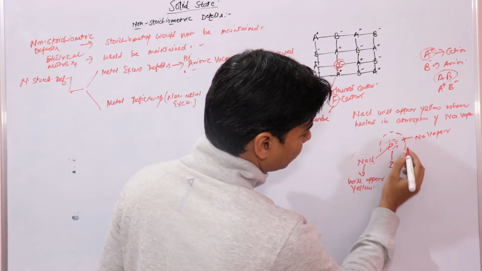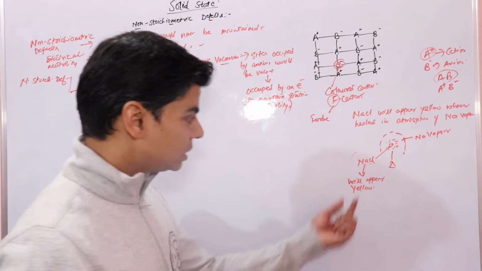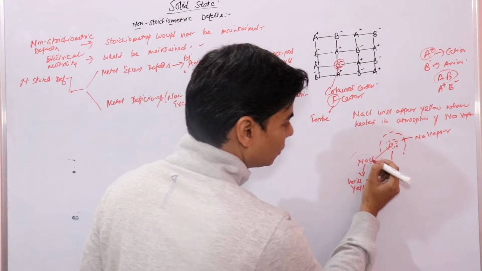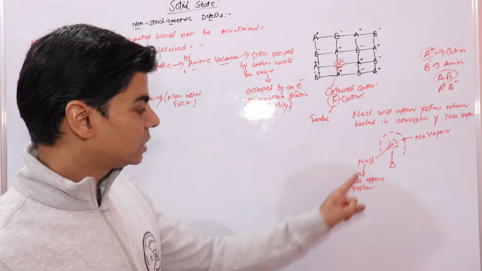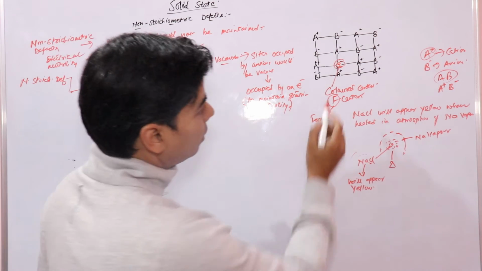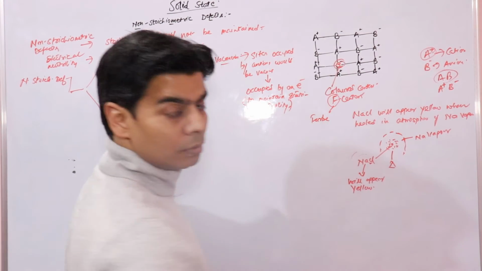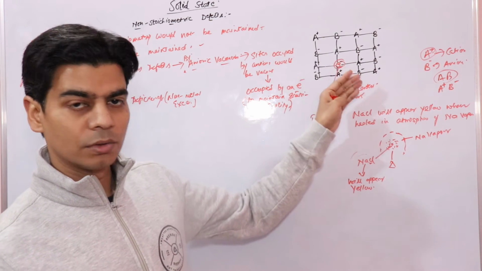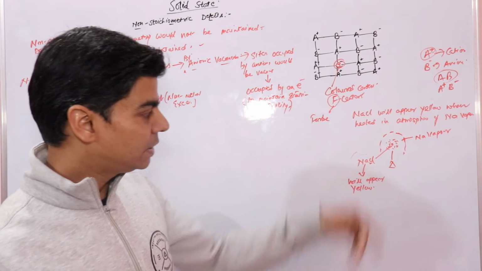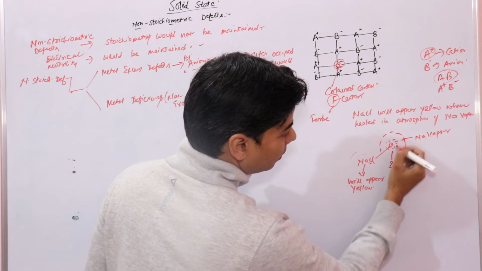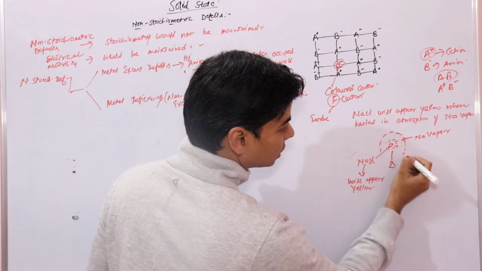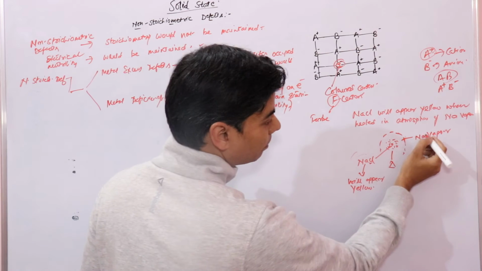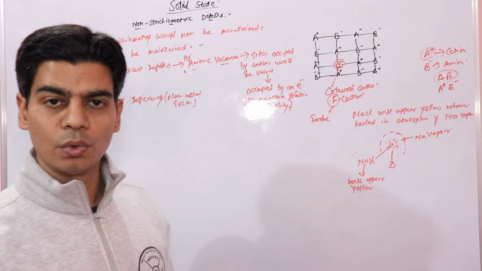When you heat sodium chloride, one chloride ion, which is an anion, will be removed from its site and move to the surface, where it will combine with a sodium ion to form sodium chloride.